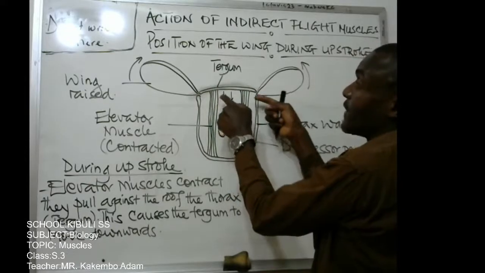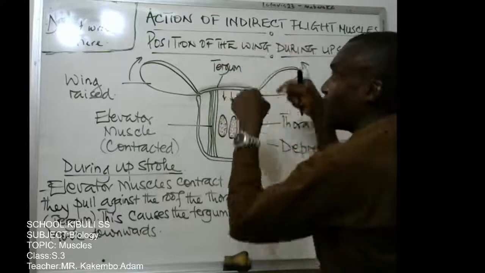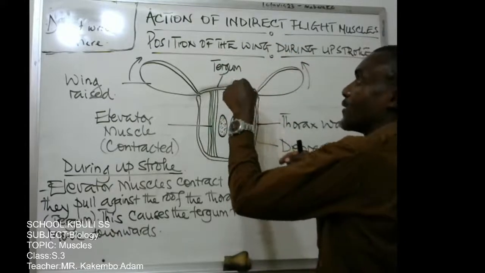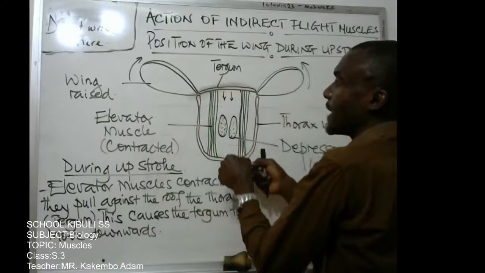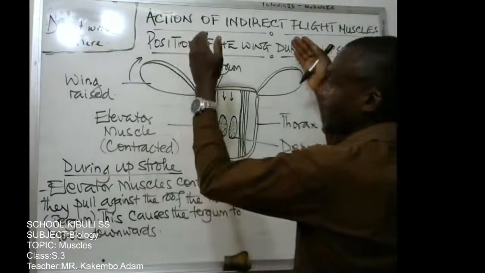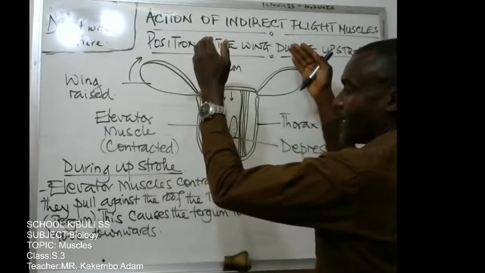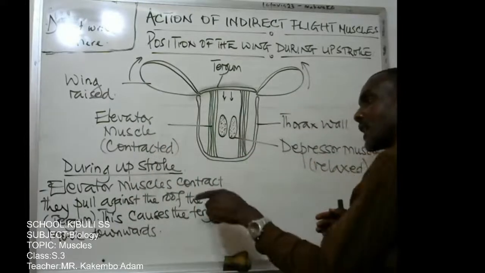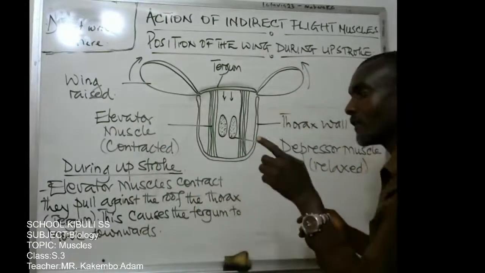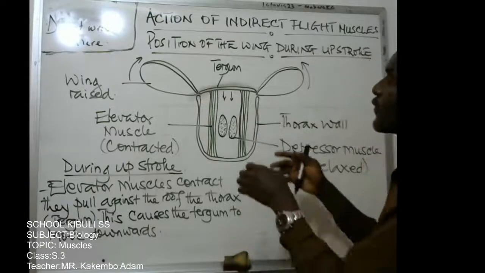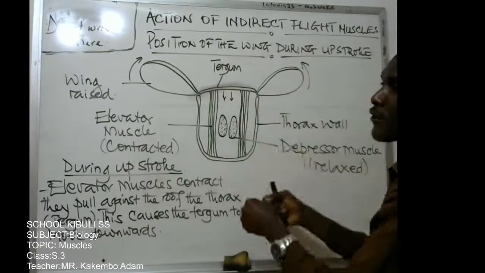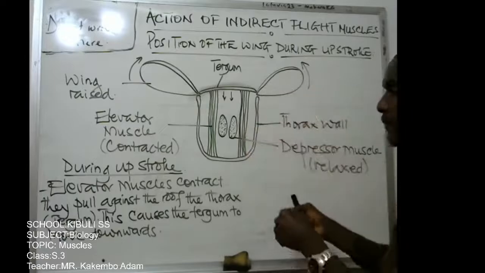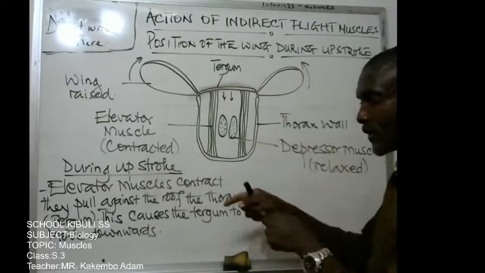Remember the attachment of the muscles is on the rooftop of the thorax, so pulling down the tergum means raising the wing upwards. Are you together?